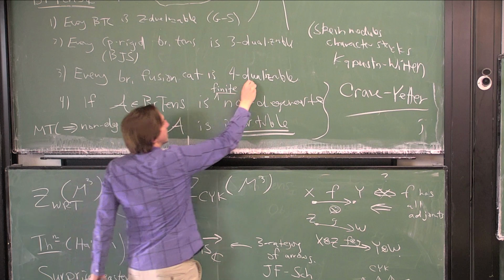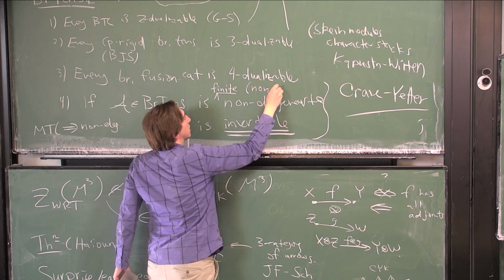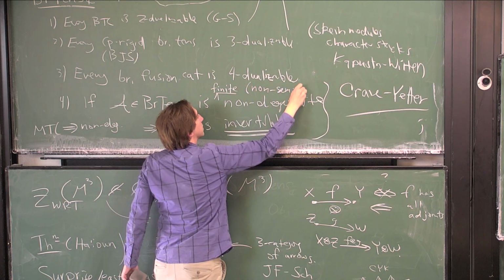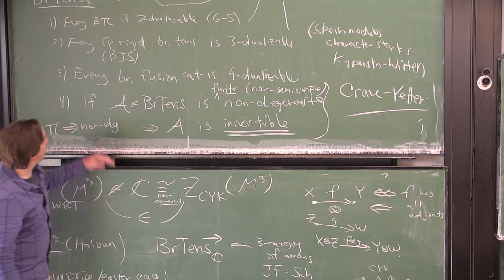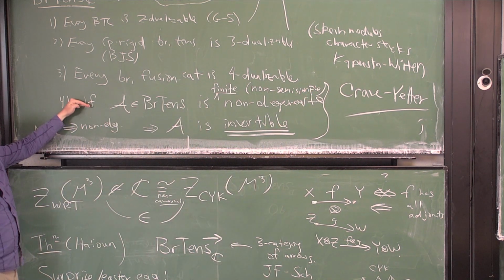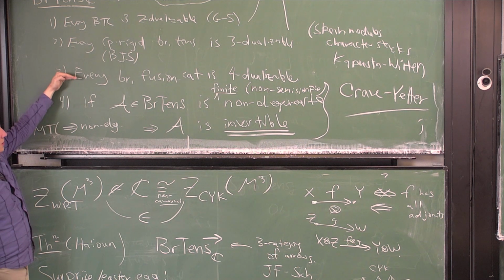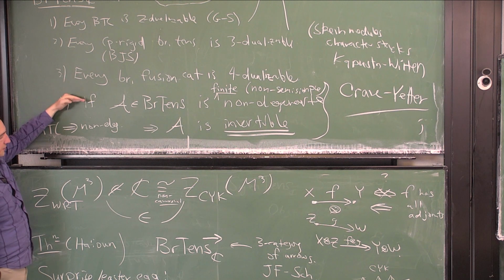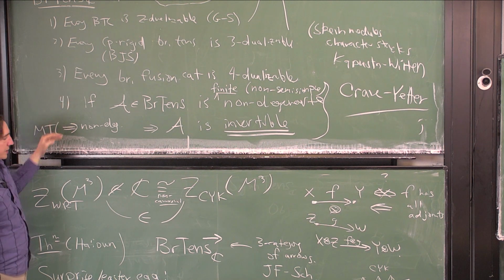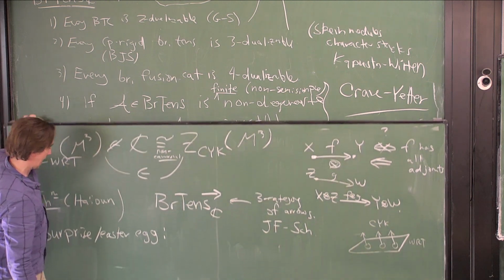But notice that I did not ask for semi-simplicity here. So there are invertible 4D theories, so they're invertible, in particular they're 4-dualizable, but the underlying category is not semi-simple. That's the main thing I want to emphasize.